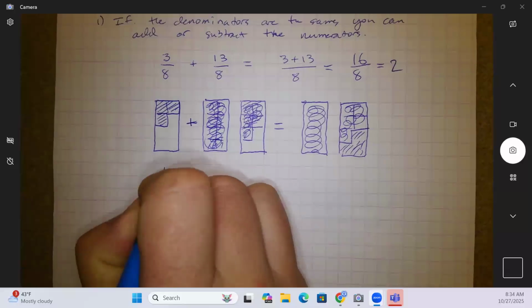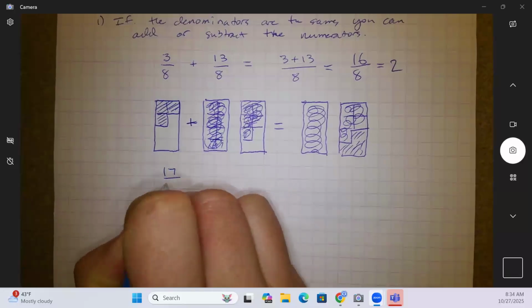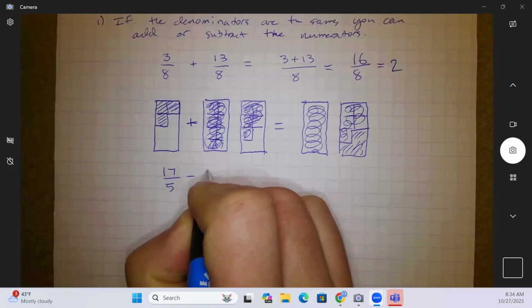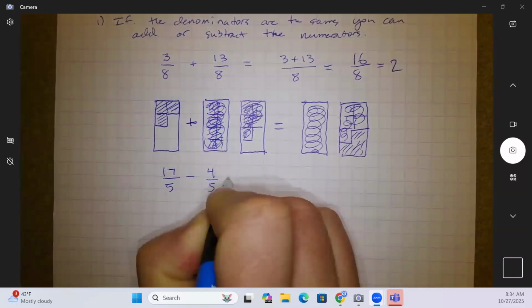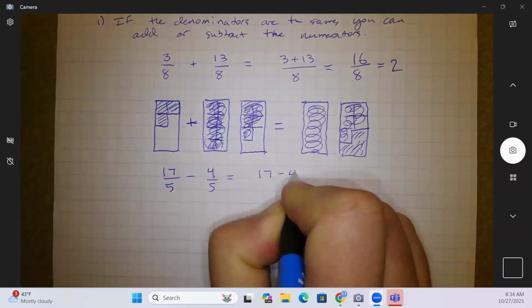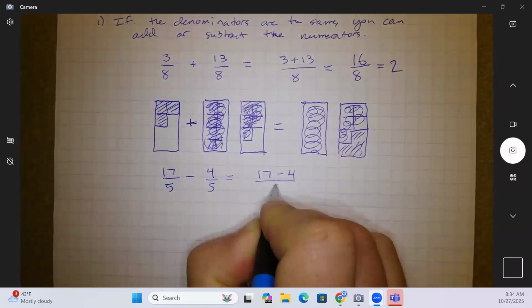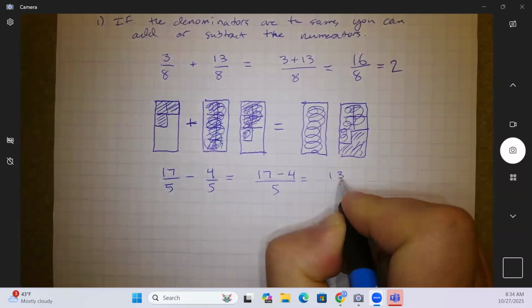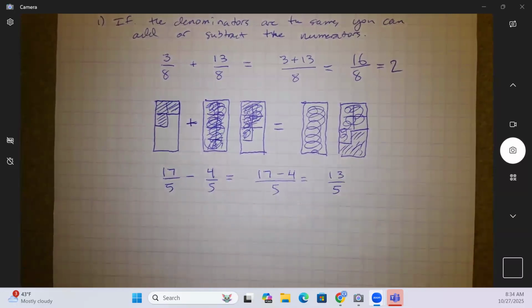Let's look at 17 fifths minus 4 fifths. So I can write it as 17 minus 4, all divided by 5, which is 13 fifths.